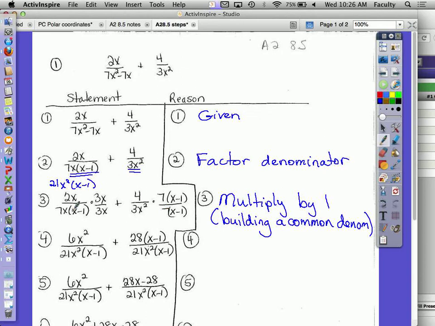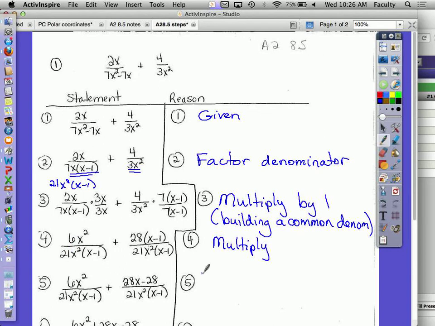Now, from here to here, what did I do? I just multiplied. I took 2x times 3x and got 6x squared. I took 7x times 3x and got 21x squared. Okay, how about from row 4 to row 5?